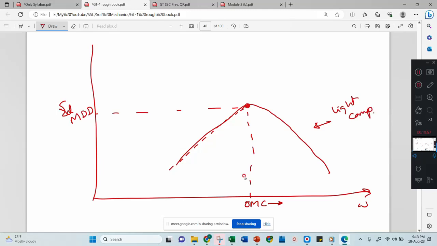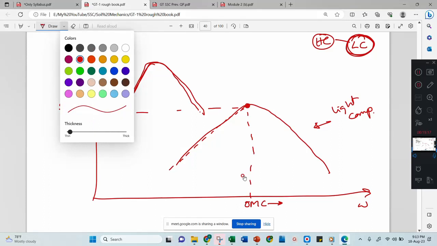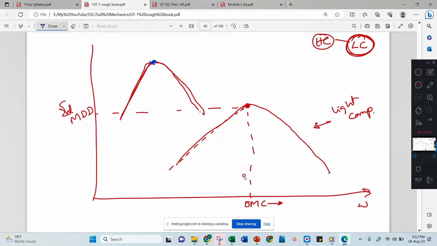Now the same soil, this soil is done with light compaction, and if you do another test for heavy compaction, then you will get a curve shifted leftwards and upwards. From this what you can observe is that the OMC is reduced.